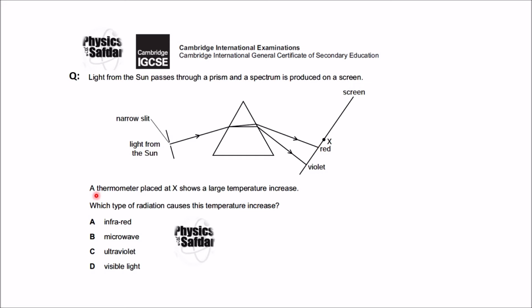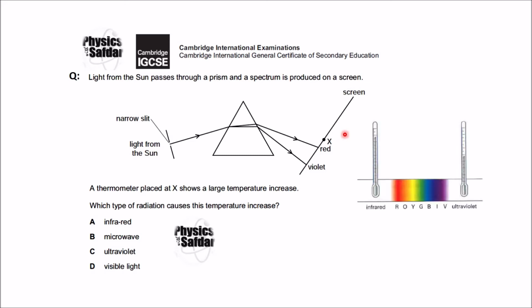The question is, a thermometer placed at point X shows a large temperature increase. Which type of radiation causes this temperature increase? And you have 4 options. First, you need to know the relation between the temperature and the radiations. Look at this diagram.